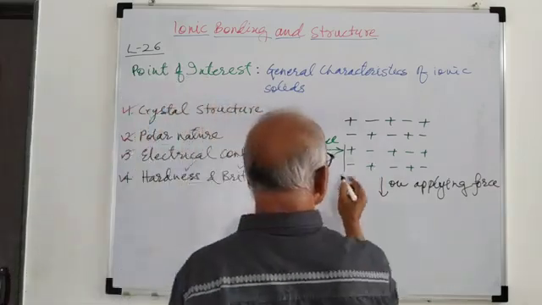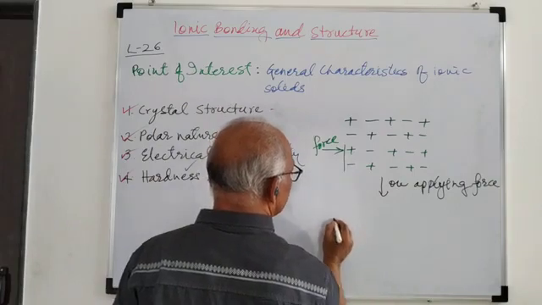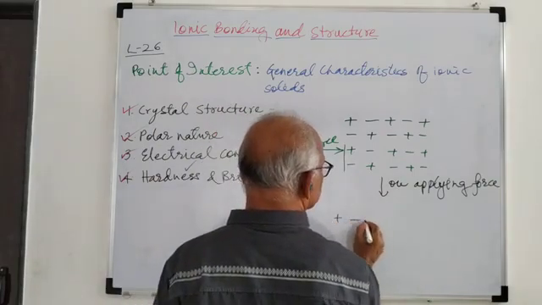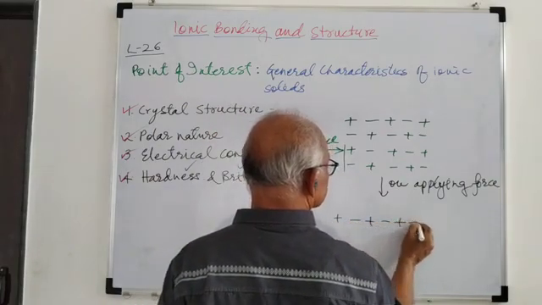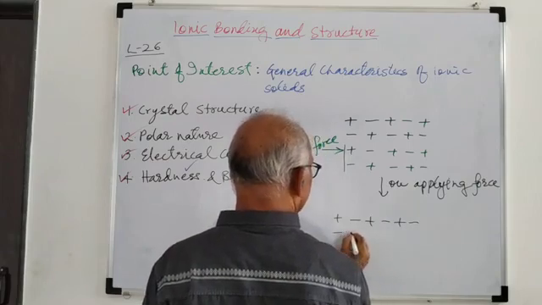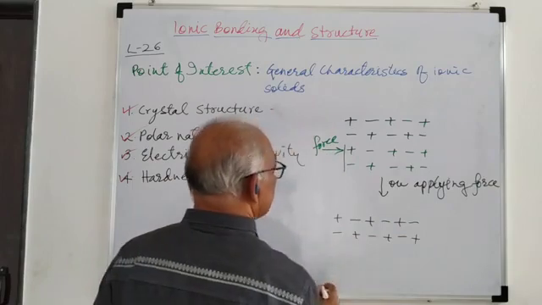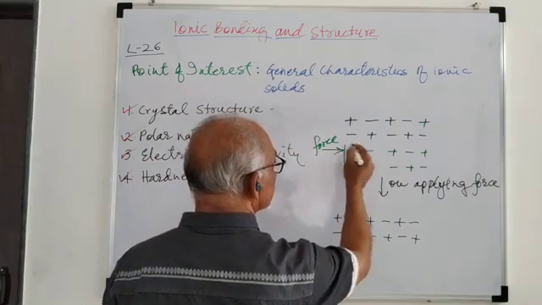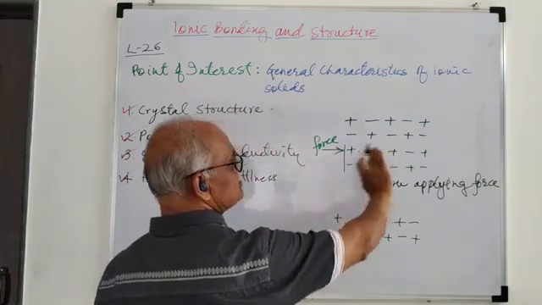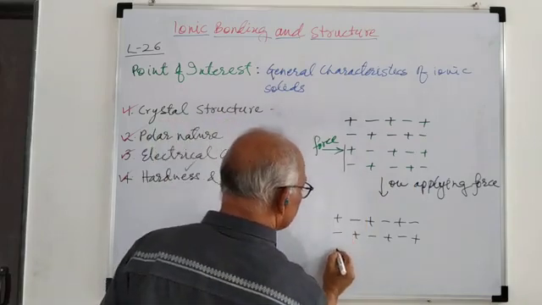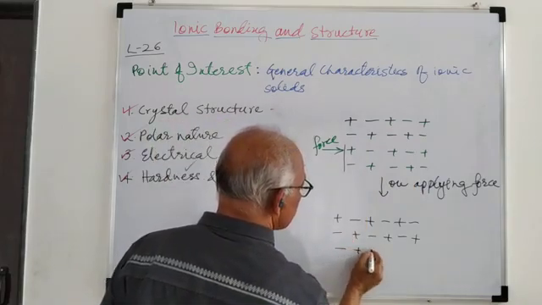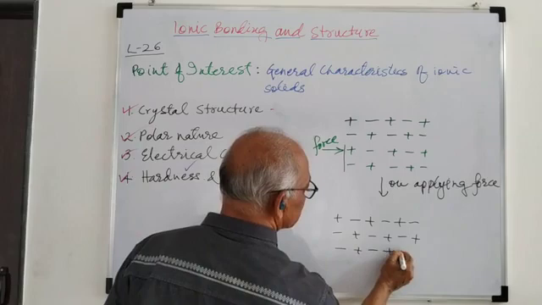Then what happens? In the next diagram we can show it like this. After forcing this portion in this direction, the negative ions come closer and positive ions come closer.